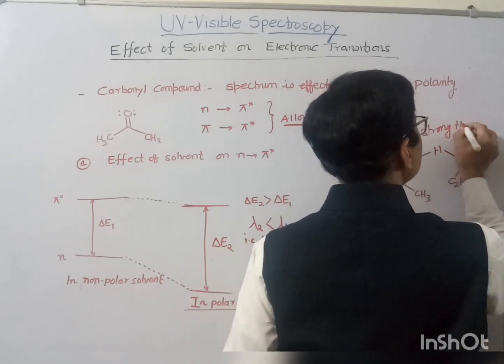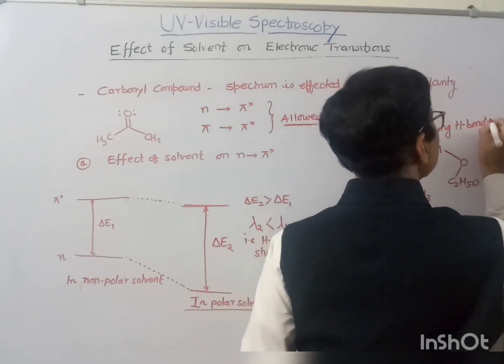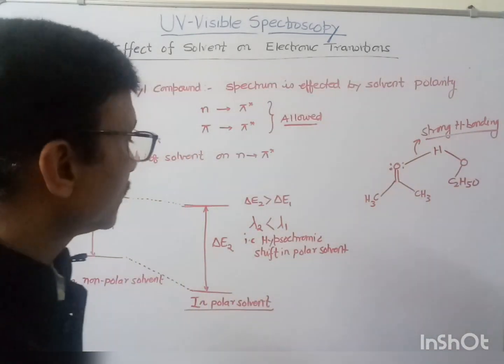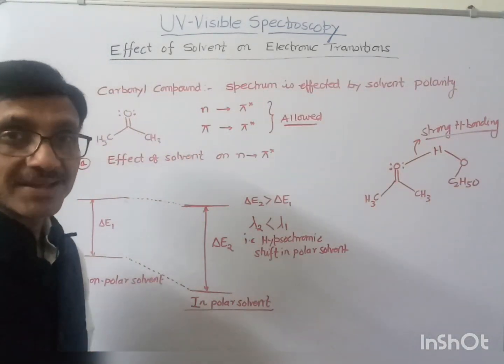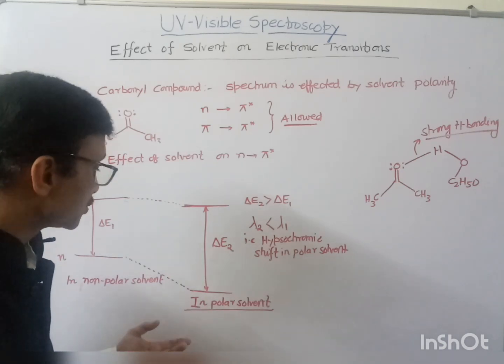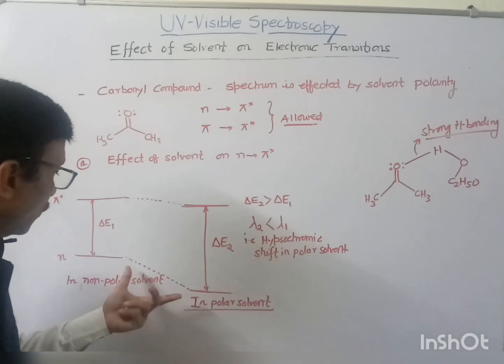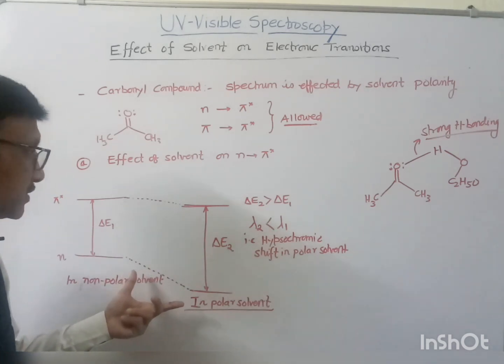Strong hydrogen bonding means a stable complex gets formed, and due to this stability, the energy of the ground state decreases.